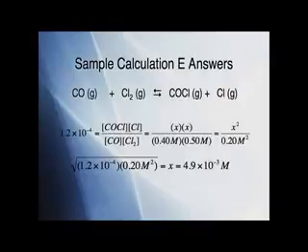And if you then square root both sides of this, and that's what I show here. I did not show that intermediate step, but that's what I did. But now we have the square root of the quantity 1.2 times 10 to the negative fourth times 0.20 moles squared per liter squared is equal to x, and our final value for x then is 4.9 times 10 to the negative third moles per liter.